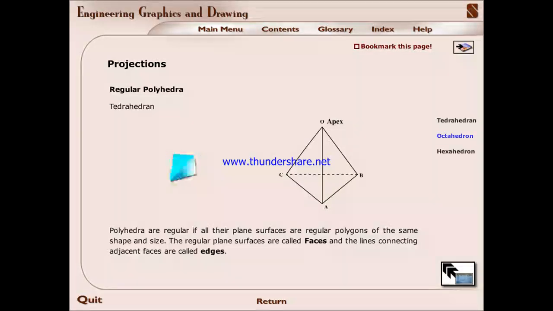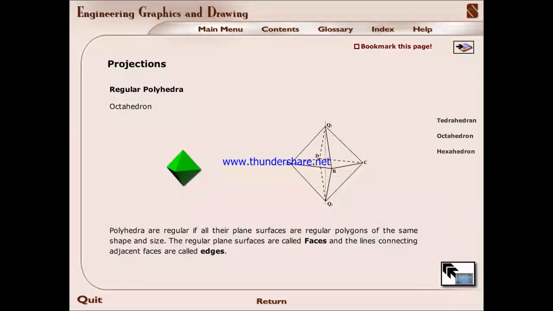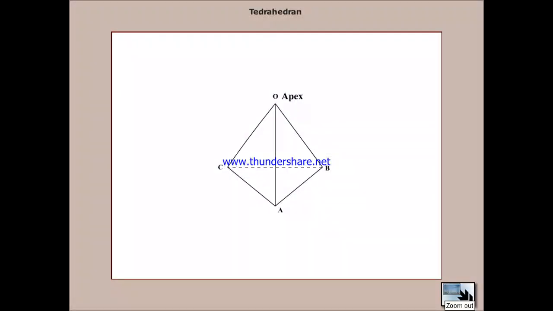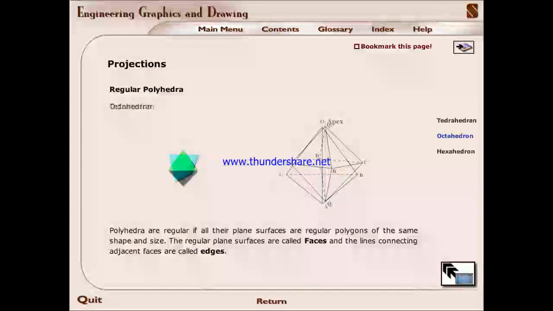And next, octahedron. This is the octahedron. Polyhedra are regular if all their plane surfaces are regular polygons of the same shape and size.